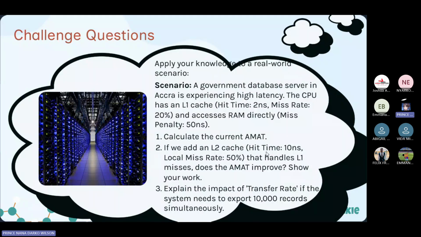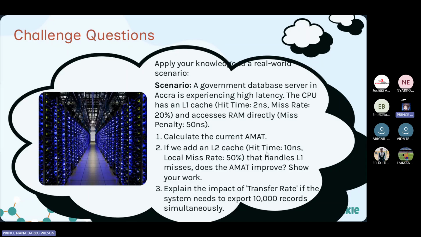I've not completed that yet, so I don't know. Let's hear answers and see, but let's walk through it as the rest work. Remember it is hit time. We start with level 2 this time and bleed into level 1. This time level 1 does not access RAM directly; level 2 handles level 1's misses.